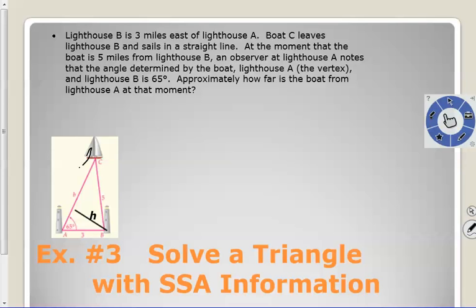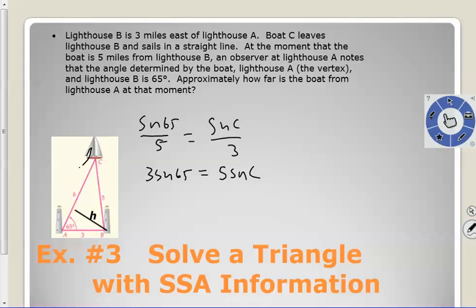So if you have the sine of 65 over 5 is equal to the sine of c over 3. We cross multiply, we get something along the lines of 3 sine 65 equals 5 sine c.